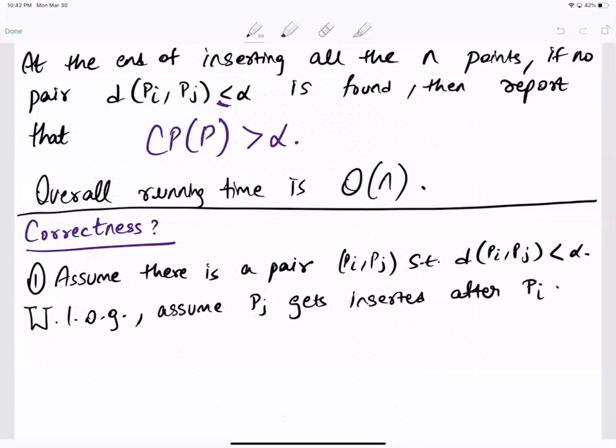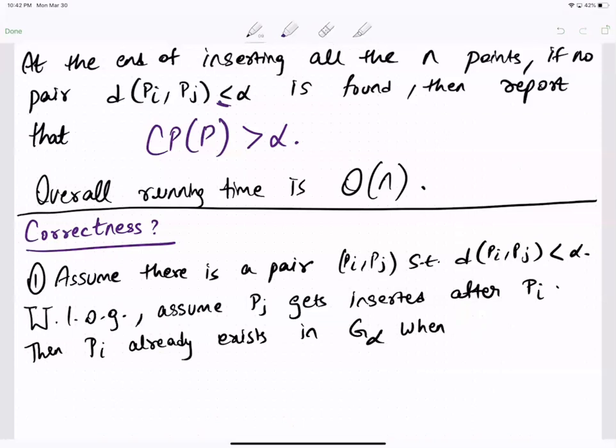Well, nothing wrong in assuming that. Then what will happen is, then Pi already exists in G alpha, sorry, not GI, when you're trying to insert Pj into the data structure, right?